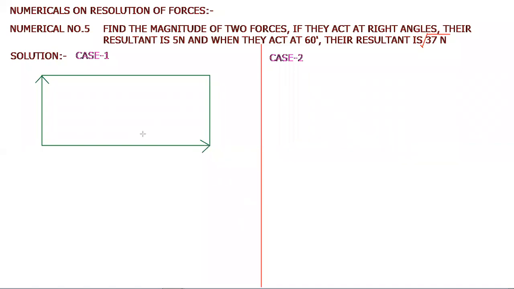So these are the two forces. One is P and second one is Q. Now in this case, the resultant is 5 Newton.